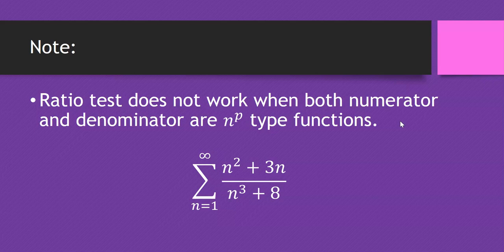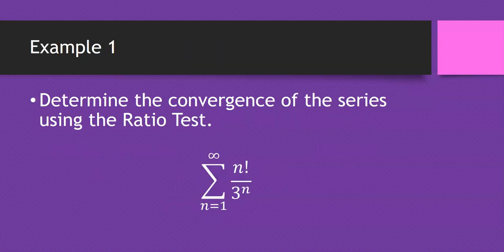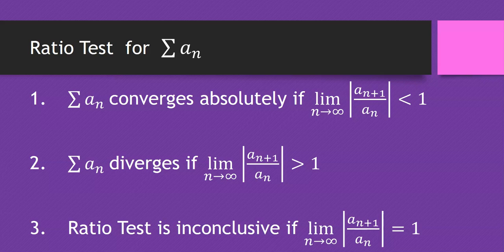Now, another thing that is kind of troublesome about this ratio test is that it actually doesn't work when both the numerator and the denominator are n to the p type functions. When both are n to the p type functions, what we end up with is an inconclusive scenario.